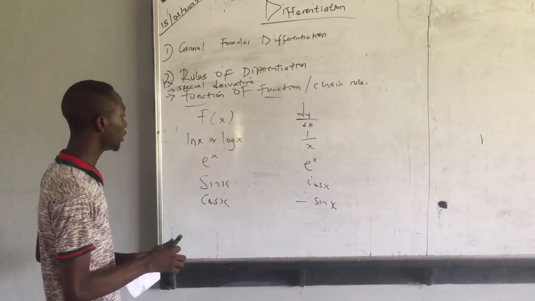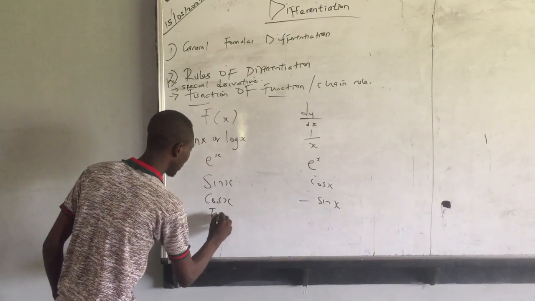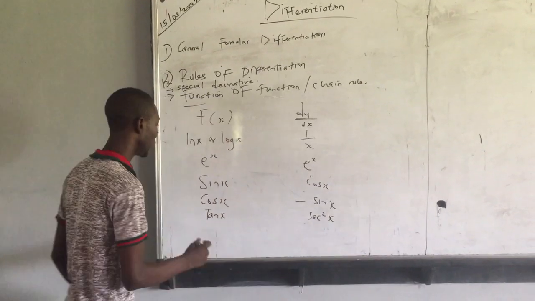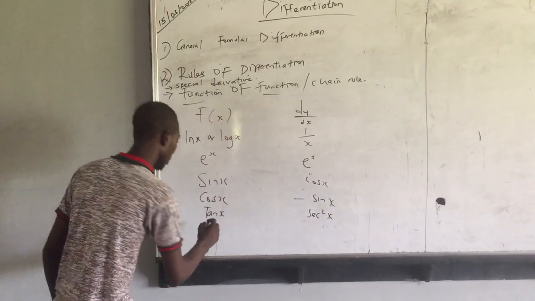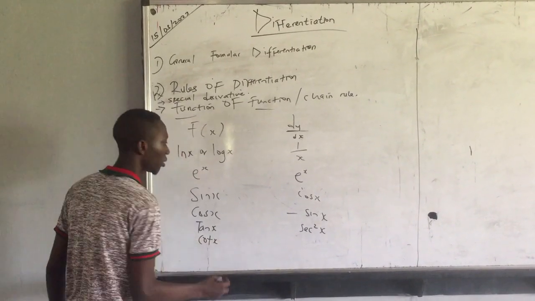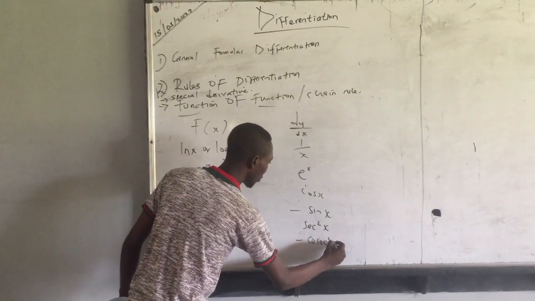And then if you differentiate tan x, it becomes sec squared x. If you differentiate cot x, it becomes minus cosec squared x.